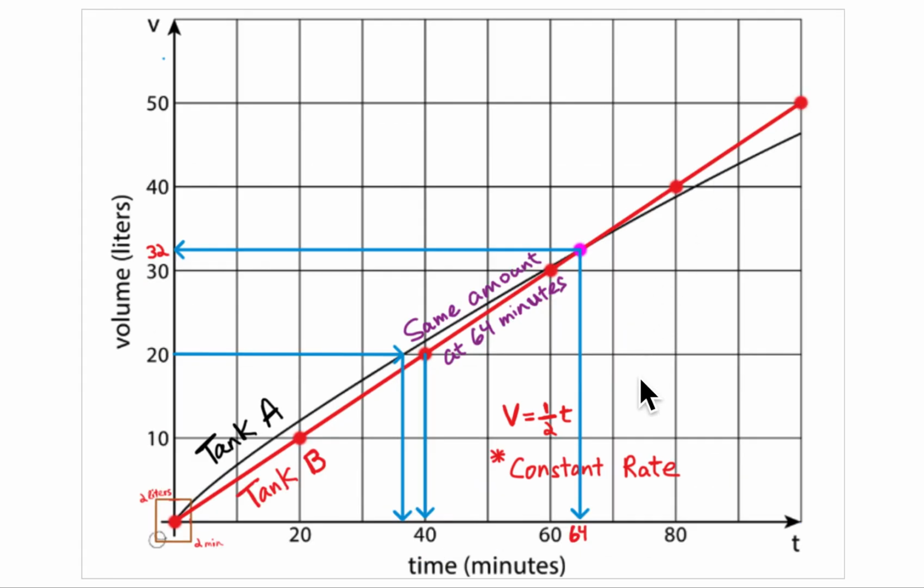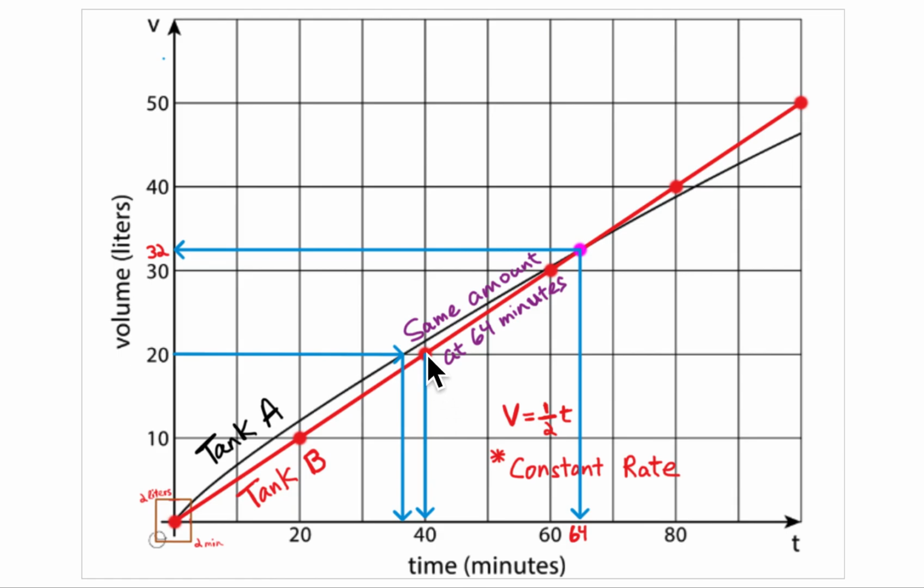Okay, now let's zoom out and see what happens when you zoom out. So if you look at tank B, when do they both have 20 liters of volume? So it takes tank A about 36 minutes, a little bit less than 40 minutes, about 36 minutes to get the 20 liters in it, whereas it takes tank B 40 minutes.